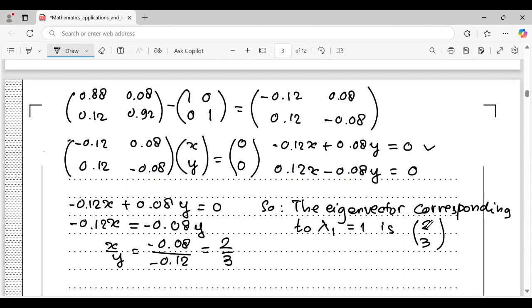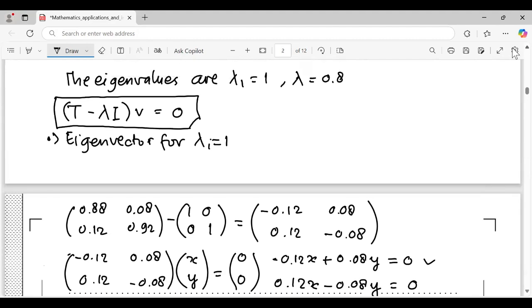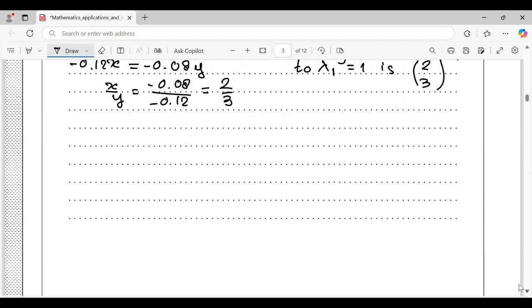Next, the eigenvector for lambda equal 0.8. Just now, this was the eigenvector for lambda equal 1. And the next, lambda equal 0.8. Sorry, the eigenvector for the second lambda equals 0.8.